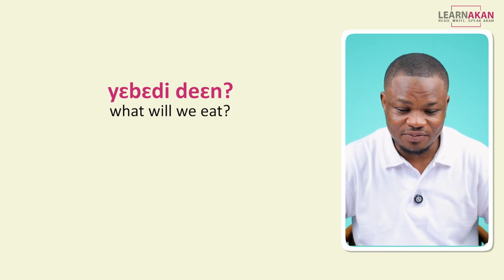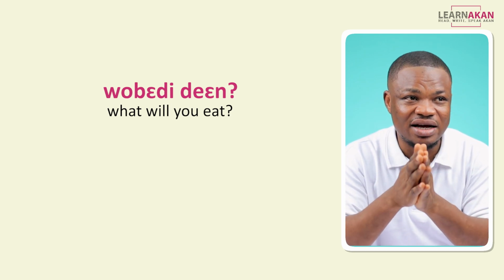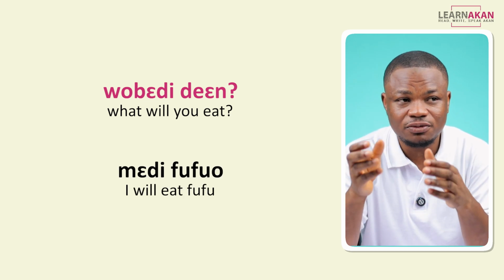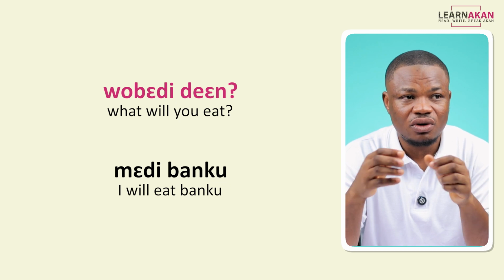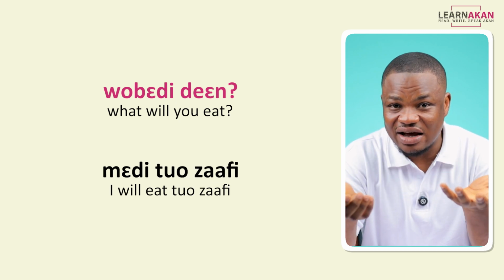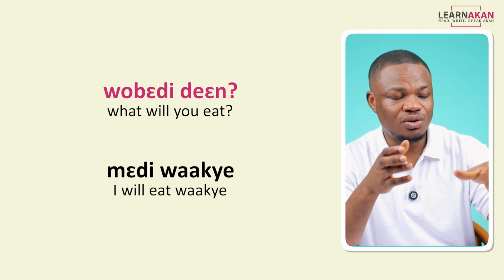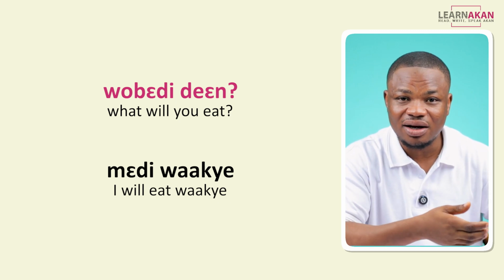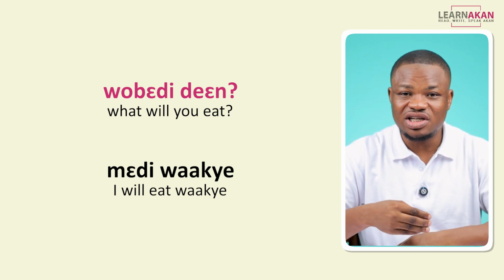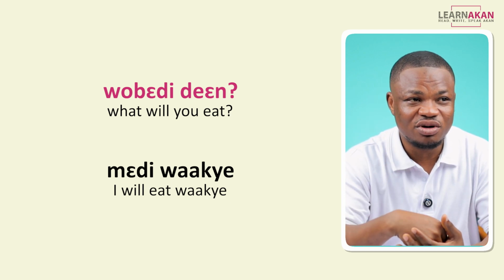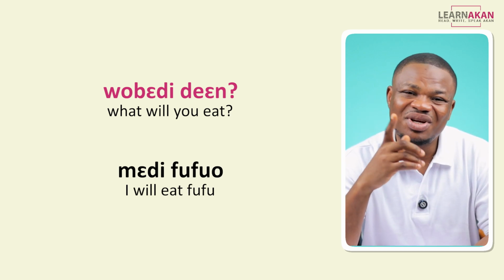Now, in response to this, you can answer with "Medi fufu," or "Medi banku," or "Medi tuzafi," or "Medi wachi." So let's say you go to the restaurant with your partner and he or she asks what you will eat, "Ubedi dien?" you can respond with "Medi fufu."